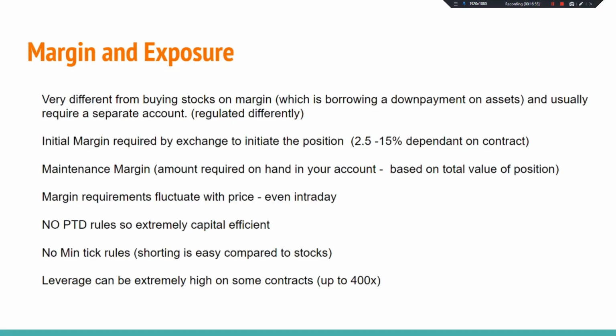It tends not to vary that much, but if you were buying E-mini contracts, for instance, your initial margin is about $4,600 per position. As soon as you take that position, that money is taken from your account and passed over to the exchange and held in an escrow account.